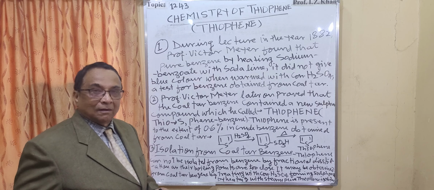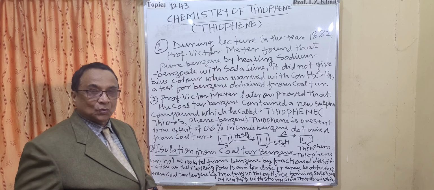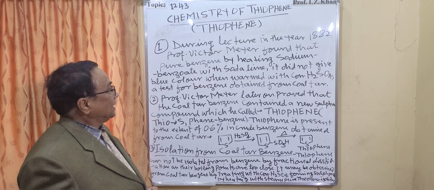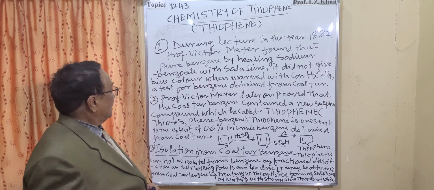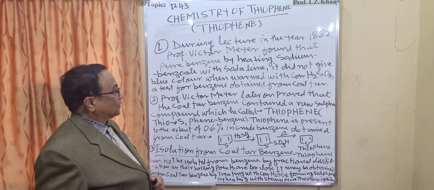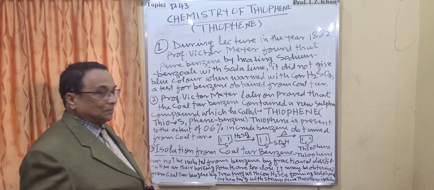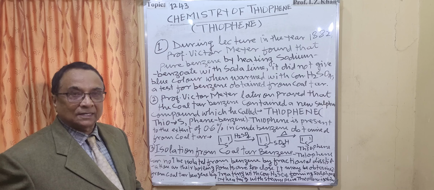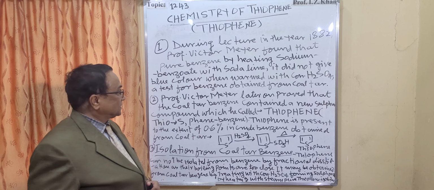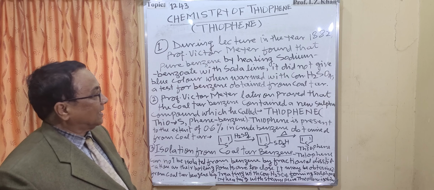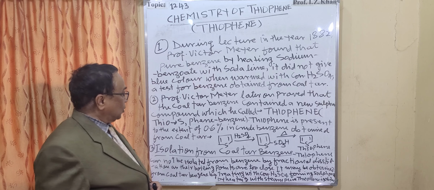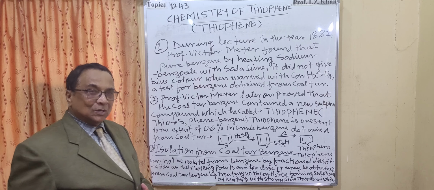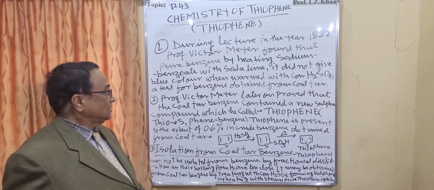From here, all the discovery started to get thiophene. It was a test for benzene obtained from coal tar, because it was supposed to give blue color with concentrated sulfuric acid. Number two, Professor Victor Mayer later proved that coal tar benzene contained a new sulfur compound which is called thiophene.